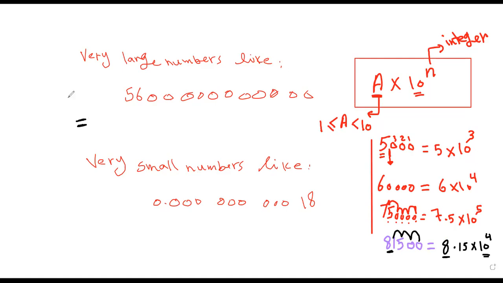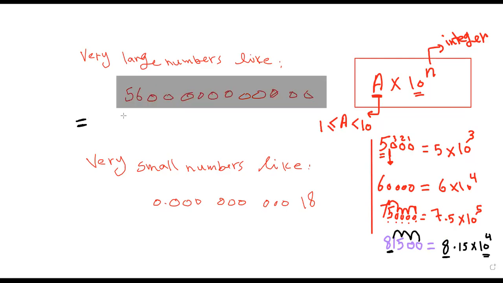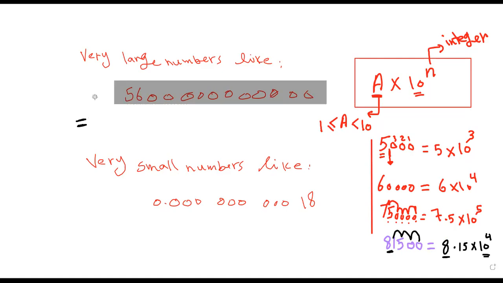Yes. Can you do this? The whole number? Yes, I need to make it in standard form. Okay, just a minute. 5.6 by 10 power 12. 10 power 12? 10 power 1, 2, 3, 4, 5, 6, 7, 8, 9, 10, 11, 12.